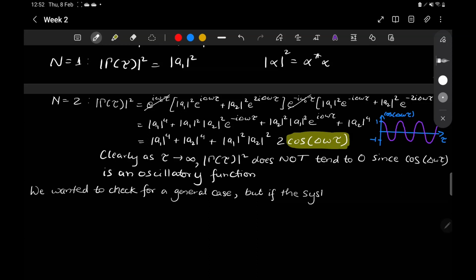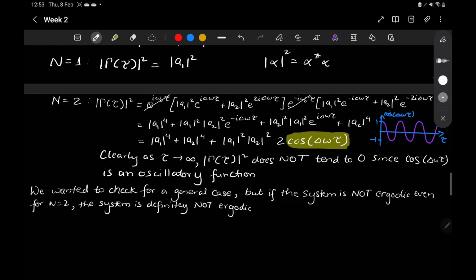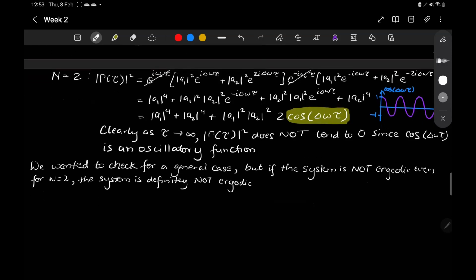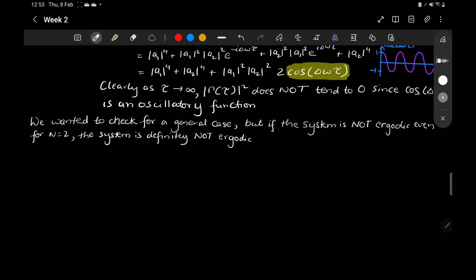But if the given system is not ergodic even for the special case of n equal to 2, then the given system will definitely not be ergodic. So even with the special case, we can see that the system is not ergodic. But let us, for the sake of completeness, check with the general case as well.